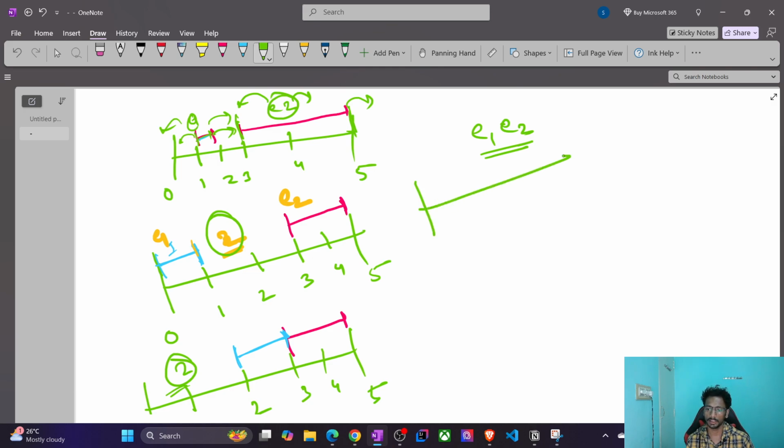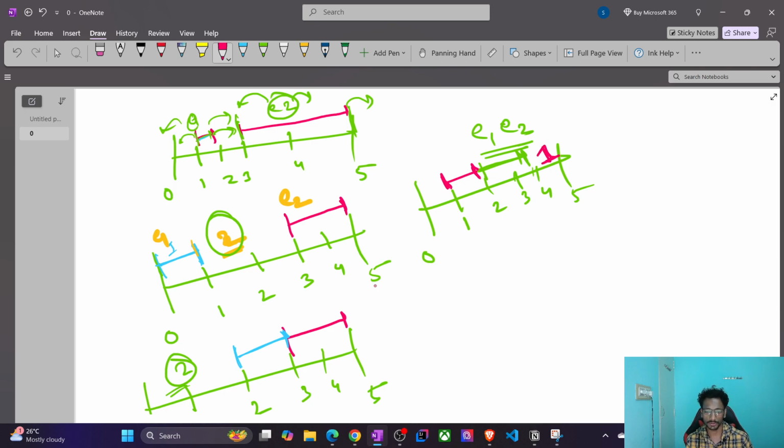I can shift only to the left. The existing event is at time 1 to 2, and event 2 shifted to the left will be 2 to 4, since the duration is 5 minus 3, which is 2. If we start from 2, the end will be 2 plus 2, which is 4. So here the maximum gap is 1.